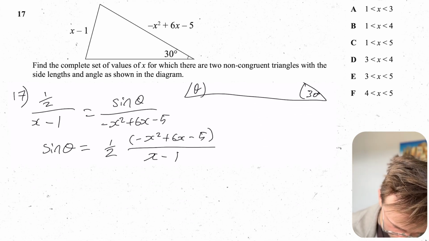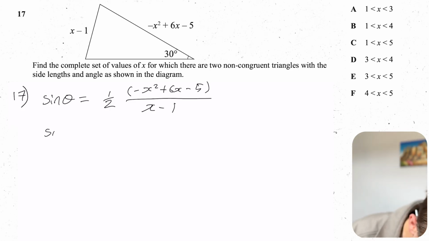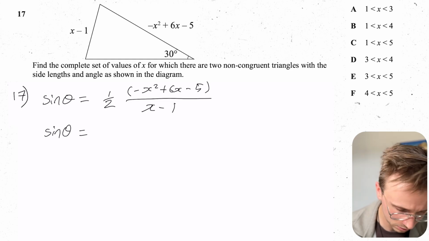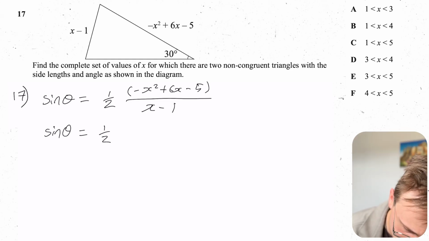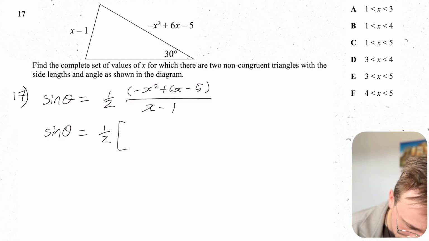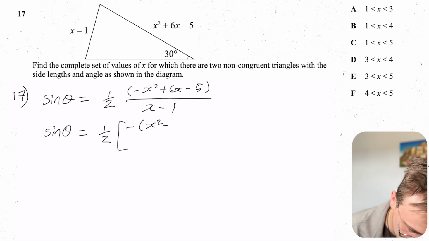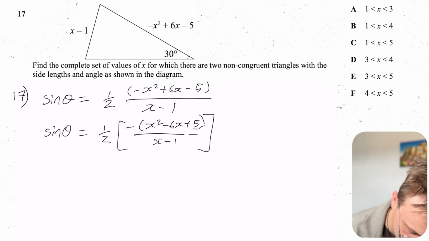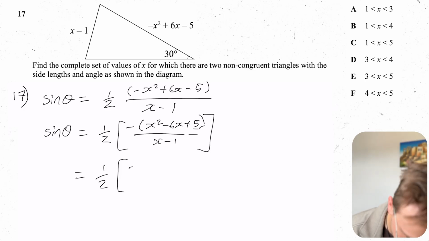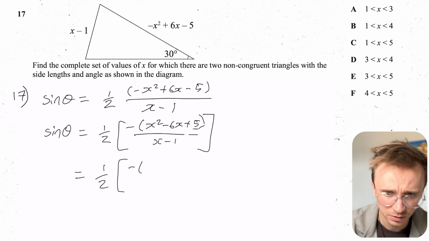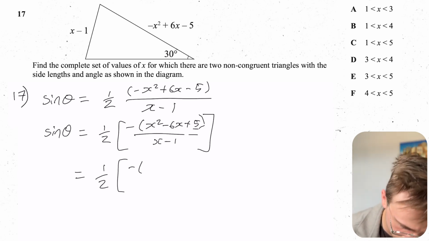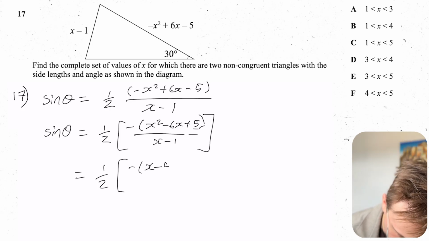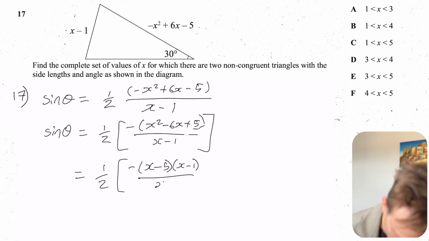I think I'm getting somewhere. I'm hoping this should factorise. Then sine theta should equal a half, and then open bracket, this is minus x squared plus 6x minus 5 over x minus 1, which equals a half, minus x minus 5 times x minus 1 over x minus 1.